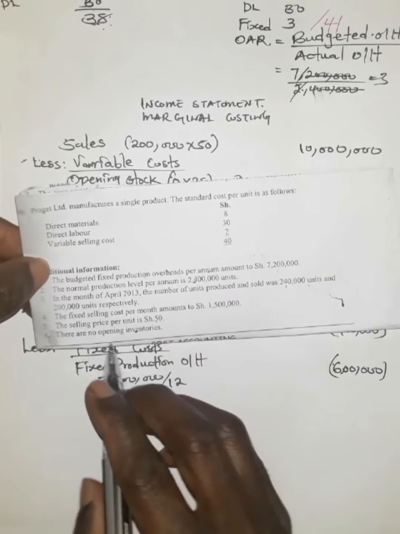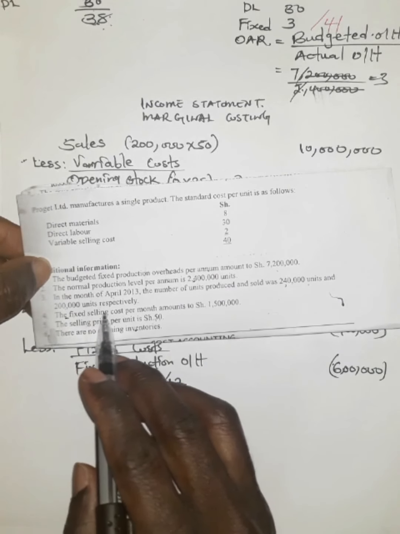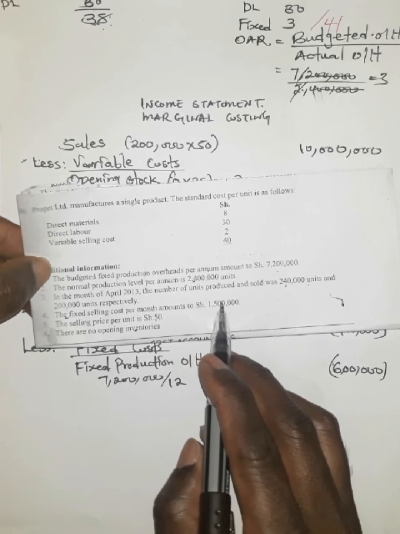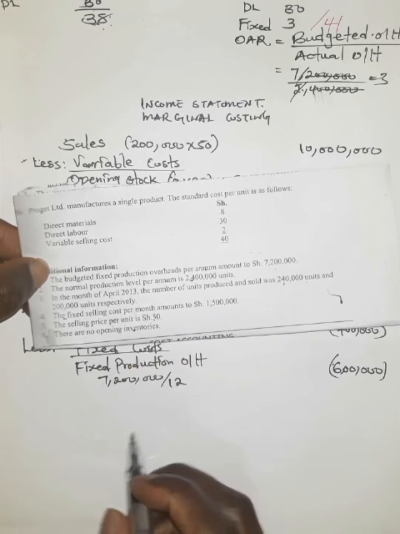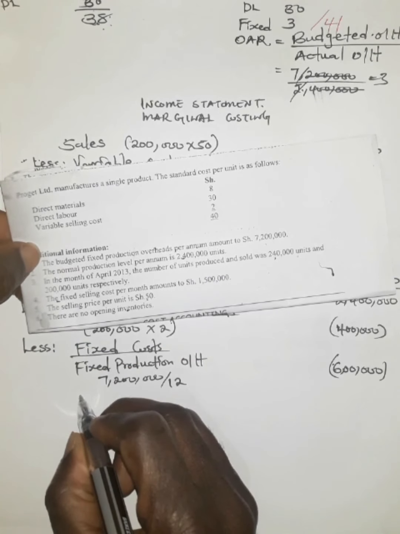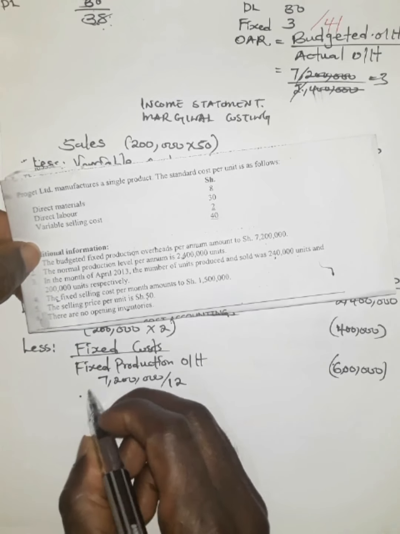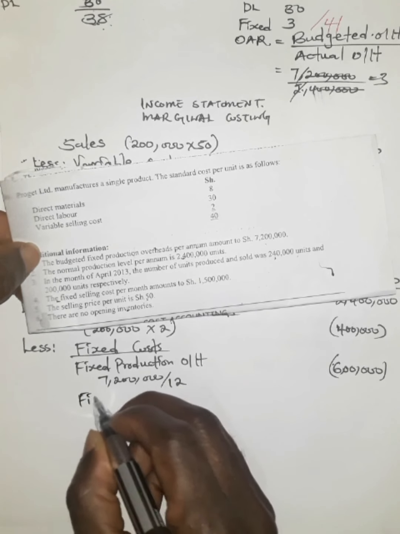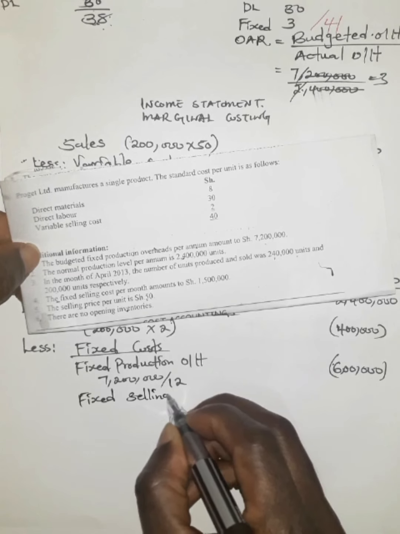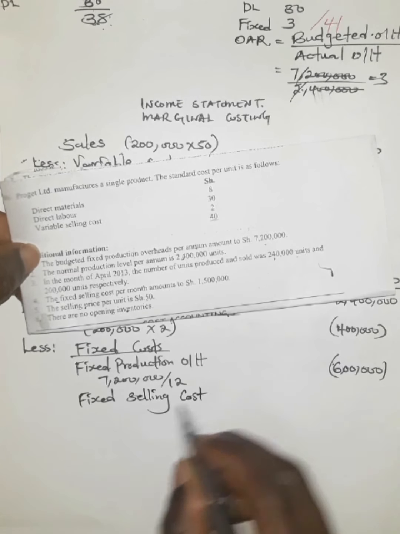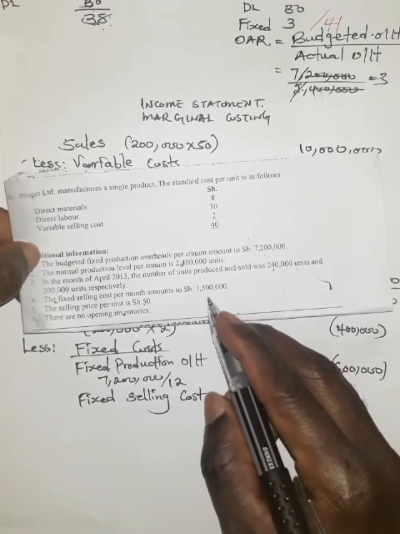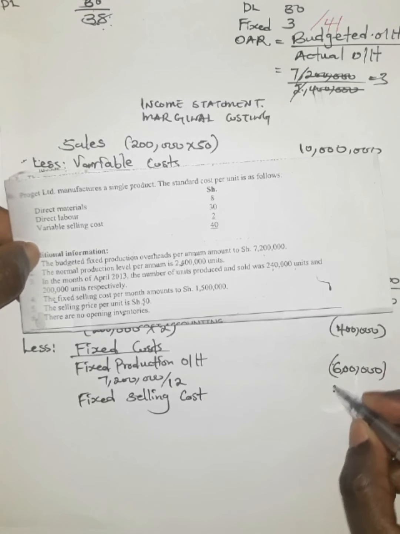Any other fixed cost here, we are told that the fixed selling cost per month amounted to 1.5 million. Now because it is per month, we just subtract it the way it is. So we are talking about now fixed selling cost per month, which is an amount of 1.5 million.